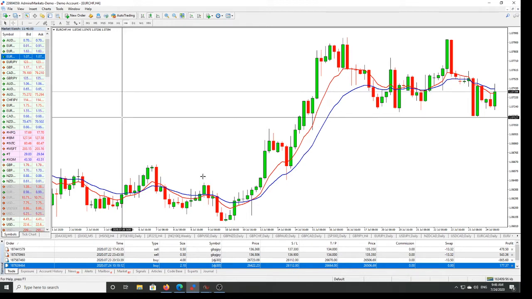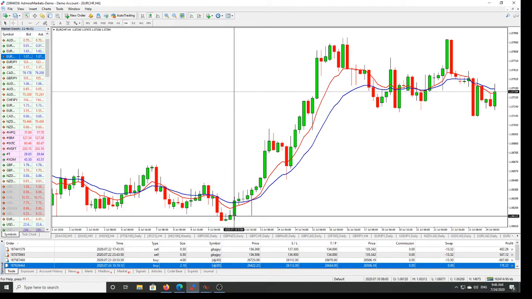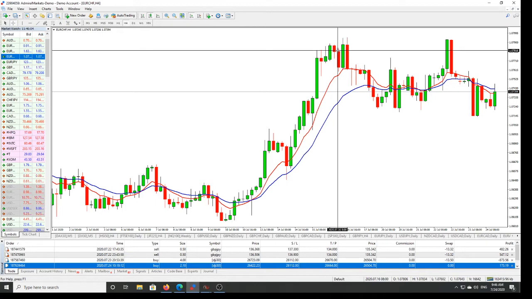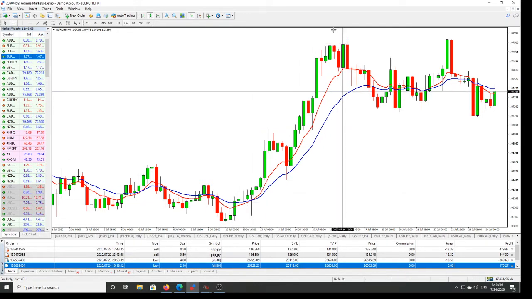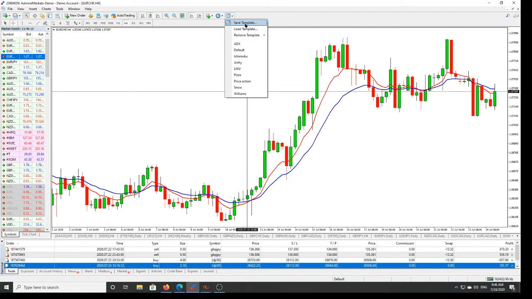So when we say a bull candle, that means that the market is going up. That is when you want to buy. You buy when the market is going up. And when we say a bear candle, it is when the market is going down.